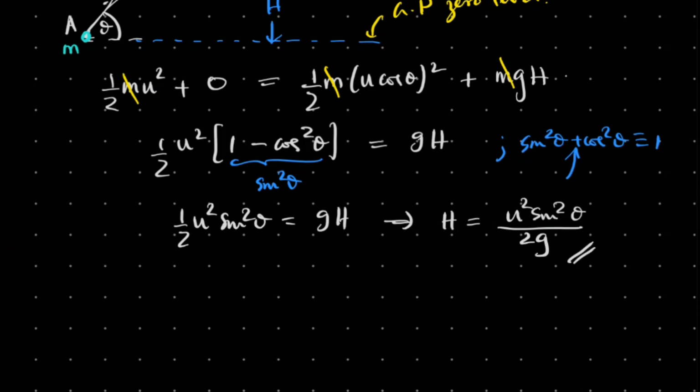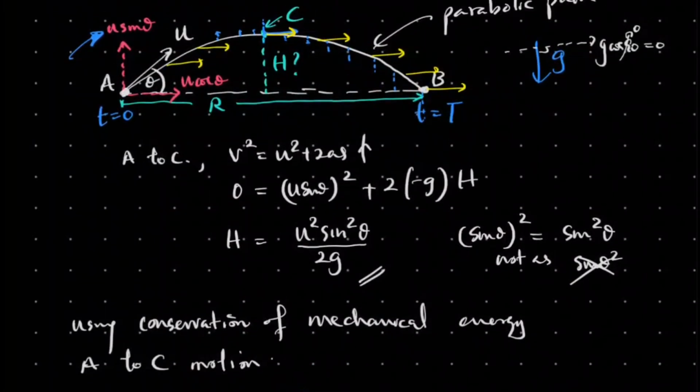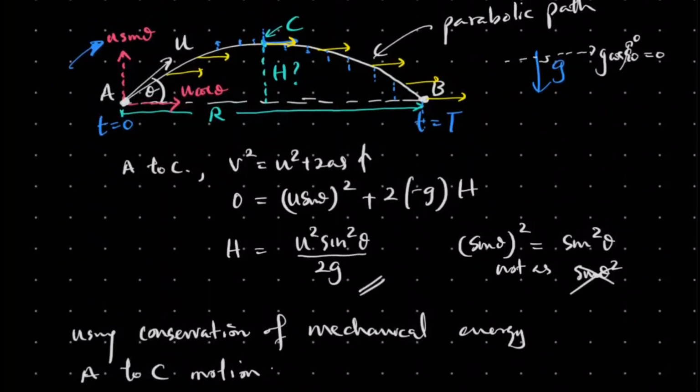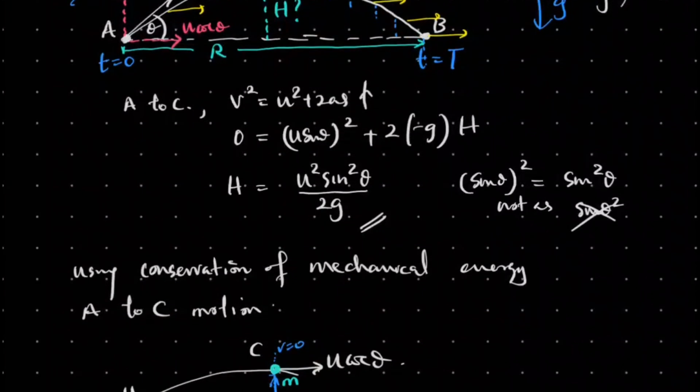So this is that result, also using the conservation of mechanical energy, and we first did using equations of motion, which did not involve any masses. We simply wrote equations of motion because this is a constant acceleration scenario.